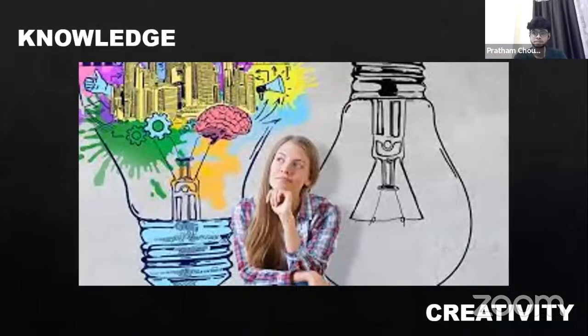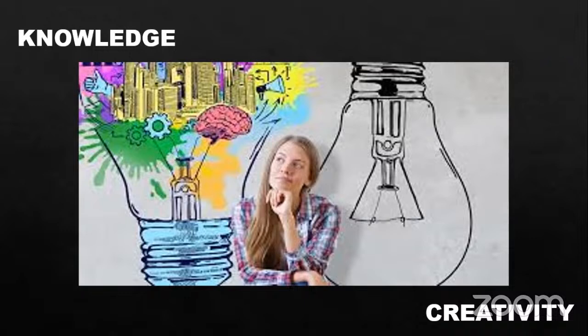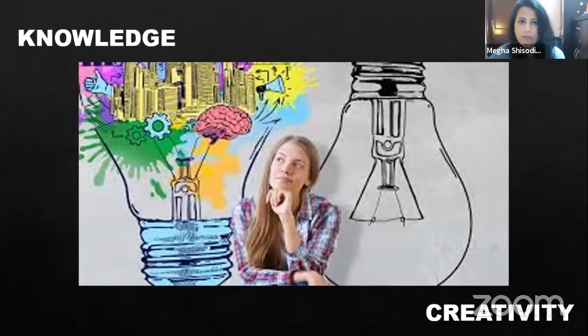Do you think being design students, these are the two important things you need? Yes, ma'am. Do you need them in equal proportions, or do you need more of knowledge or more of creativity? How is it? In equal proportion. Okay. Don't you think you need more of creativity because you'll be designers tomorrow?